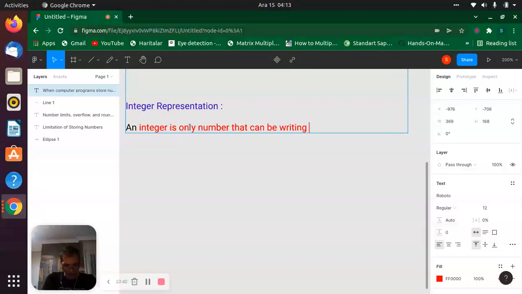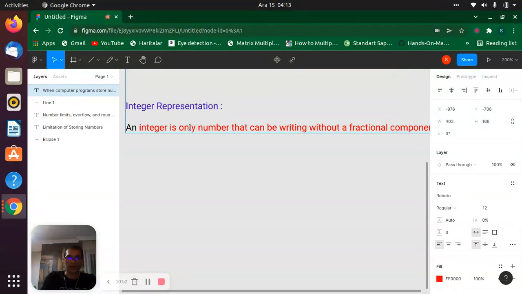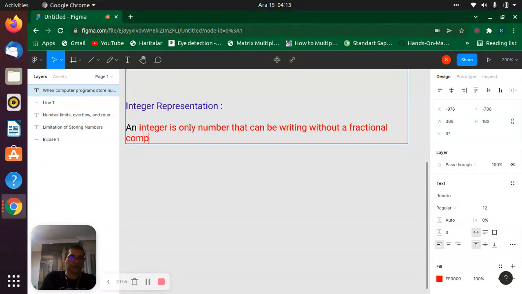Without a fractional component. Fractional component. That's too much. Okay, let's do like what is it really? I don't understand.